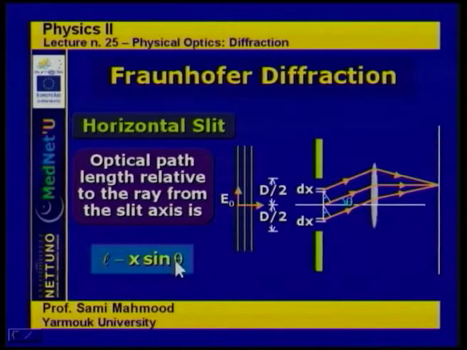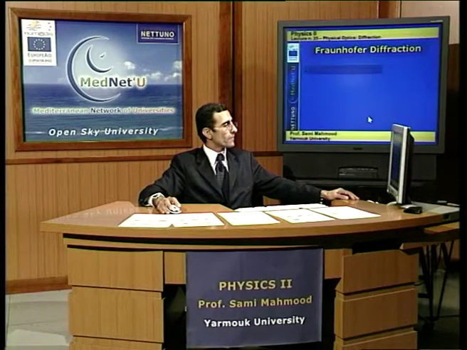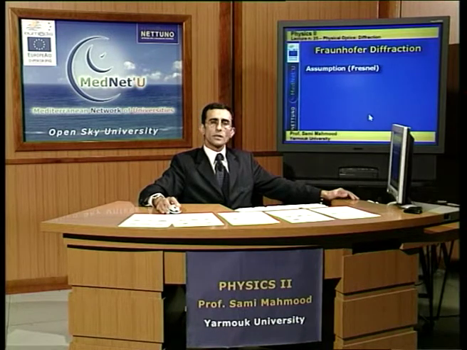On the upper part where x is positive, the path length of the ray is shorter, and in the lower part of the slit, x is negative, and the rays travel a farther distance, as we notice.